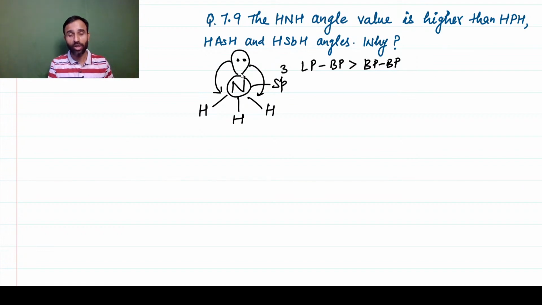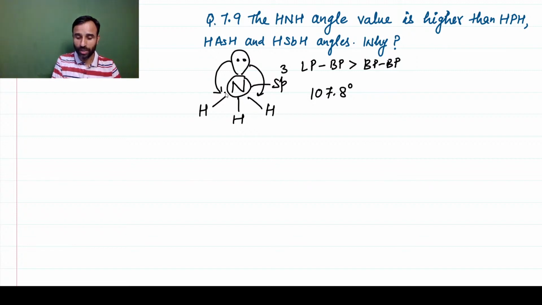But because of the presence of a lone pair at one of the apexes of the tetrahedron, these bond pairs come closer, and therefore the bond angle is 107.8 degree.